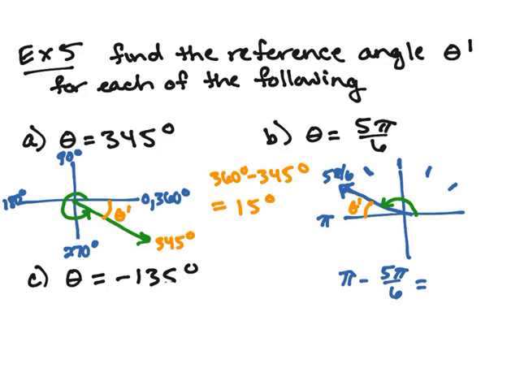Minus 5 pi over 6 gives me pi over 6. Now, if you go back to when we did our unit circle and we were drawing our rectangles, you would see that 5 pi over 6 lines up with pi over 6. It is the reference angle we've been using from the unit circle. So that one I kind of just know.